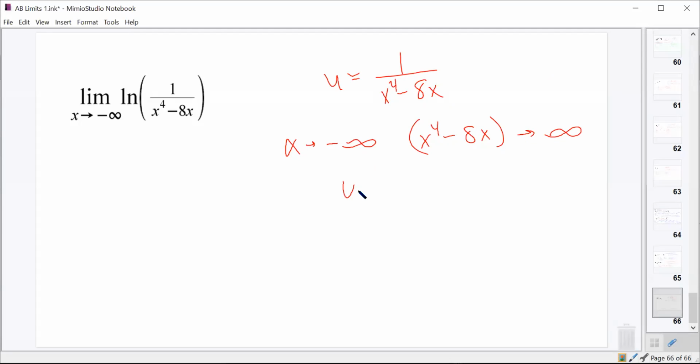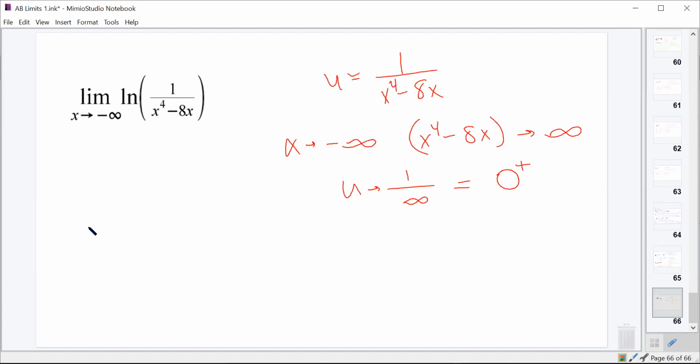And so u then is approaching 1 over positive infinity, which would be 0. And to be even more specific than just 0, if it's a positive 1 and it's divided by a positive infinity, that tells you that as we approach 0, we have to be doing it from the positive side, from the right.